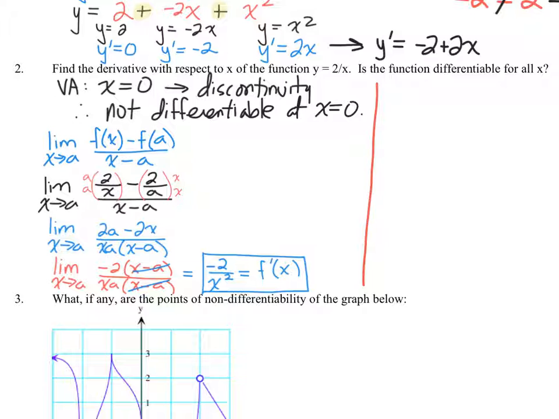Now, just a little sidebar here, we know that if we're given y equals 2 over x, we now know that its derivative, I'll write it as dy dx, is equal to negative 2 over x squared.